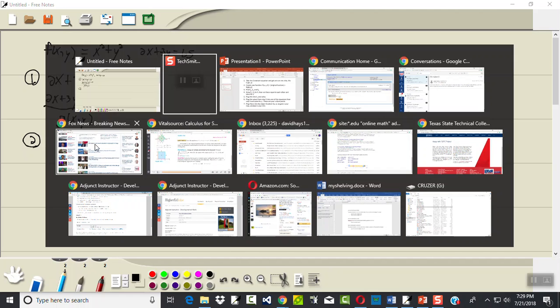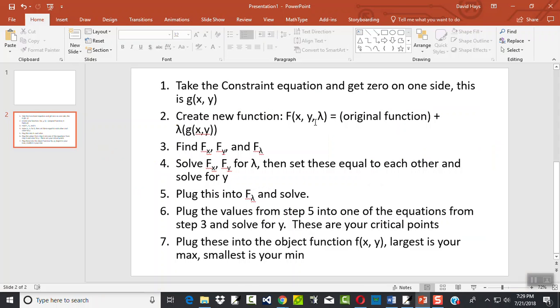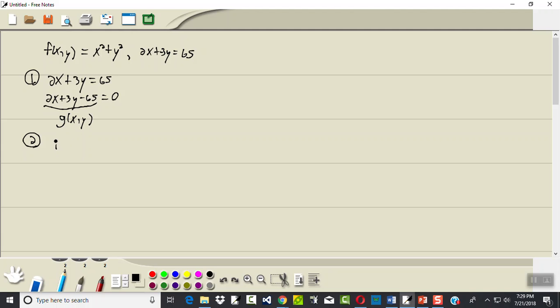Step 2, I'm going to create a new function, f of x, y, lambda, which is going to equal our original function, f of xy, plus lambda times g of xy.